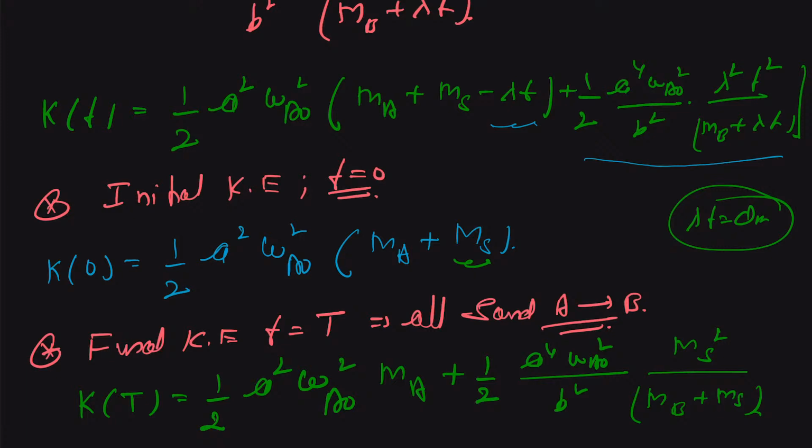Therefore, if the entire sand has shifted from A to B, then this delta m will be equal to the mass of the sand.